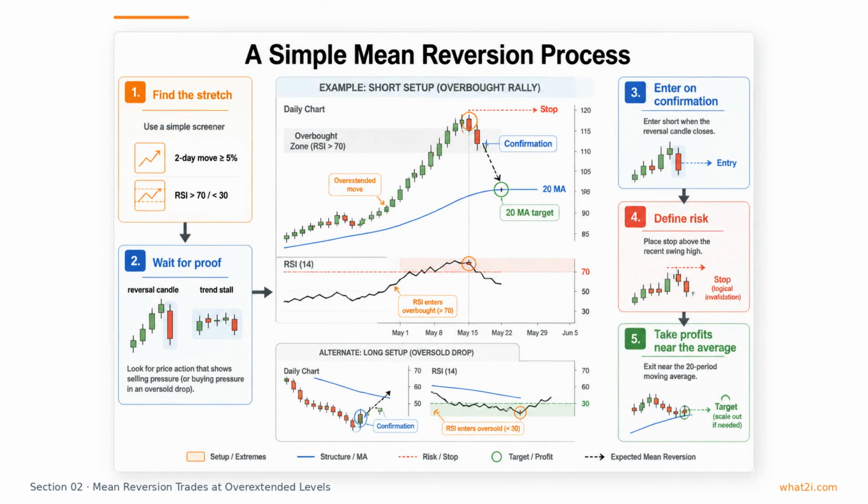A simple mean reversion process starts by screening for stocks that made unusually large short-term moves and also show extreme RSI readings. After that, mark a likely target area such as the 20-period moving average, because that often acts as the center price may return to. Entry comes only after confirmation appears, such as a reversal candle, a failed continuation attempt, or another clear sign that momentum is fading.